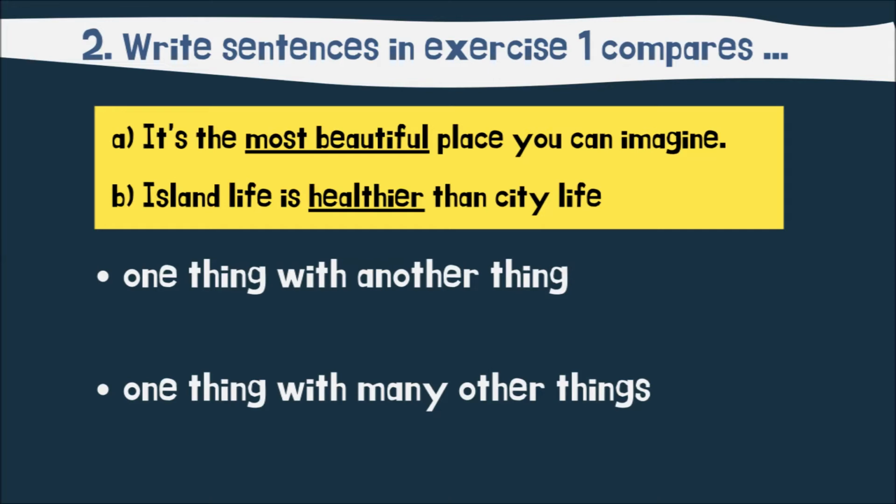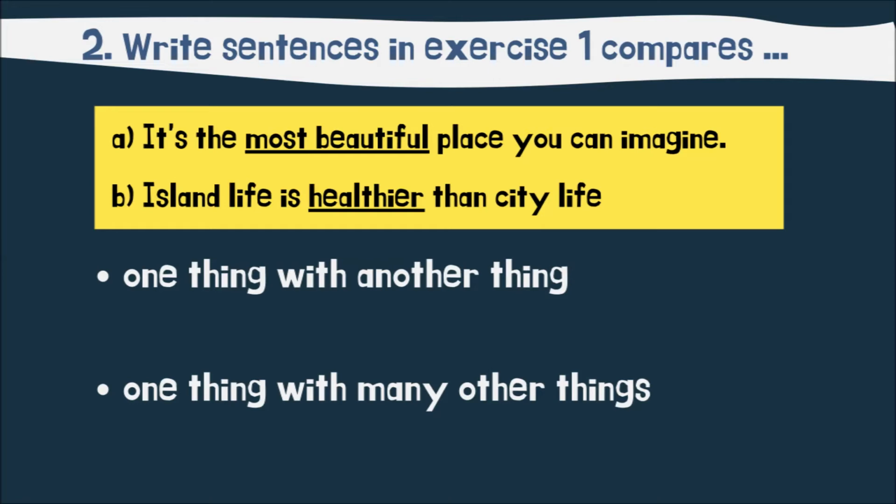And B is, the question for exercise 1 is, island life is healthier than city life. Okay, for B, tengok tu, island life is healthier than city life. Kita bandingkan berapa perkara? How many things do we compare in answer B? Yes, the answer is 2. Island life and city life.